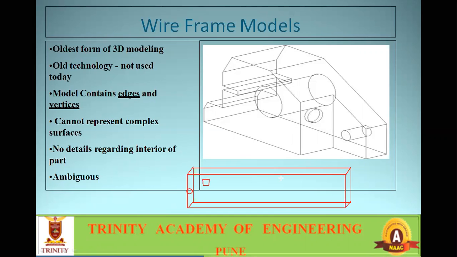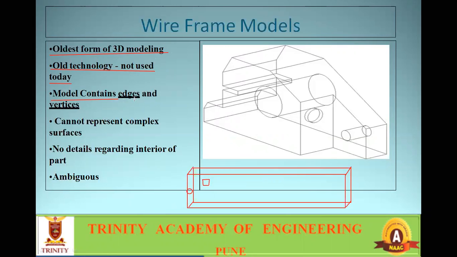This is a kind of rough wireframe model. In that, only outside edges are considered. So this is the oldest form of 3D modeling. Old technology, not used today, because this was used at the time of AutoCAD. We are not using it, but the point is that because this is the basic, you should know it, so for that purpose I am telling.